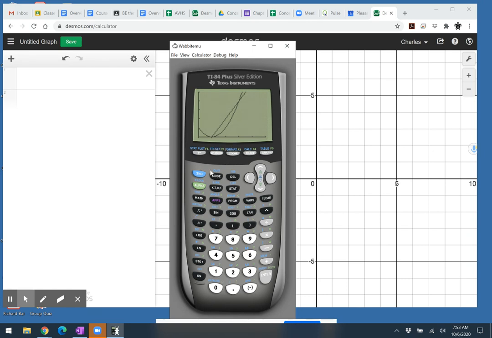Okay, and so we want this area here between the two curves.